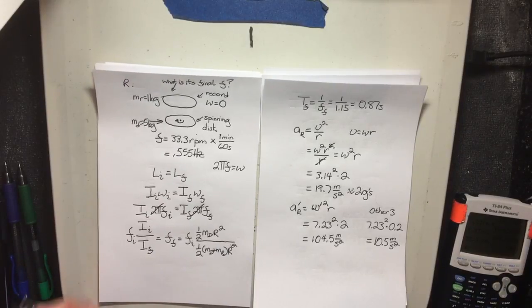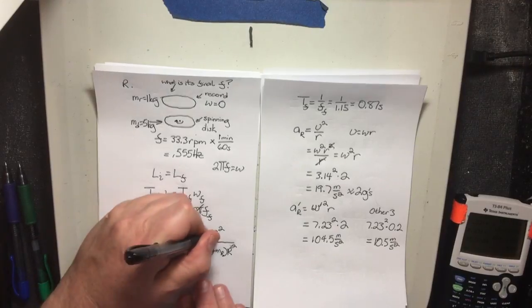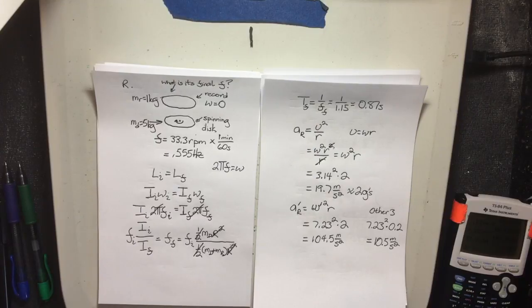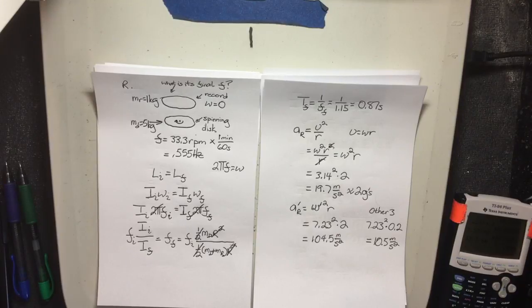Now, one of the things that people tend to freak out on is, first question, did I give you the radius of the disk or the record player? No. Next question, do I need to give you that value? No. Why not? The r's cancel. The 1/2's cancel. I understand you guys love to have your plug and chug, but there are little things that I can do to interrupt that.